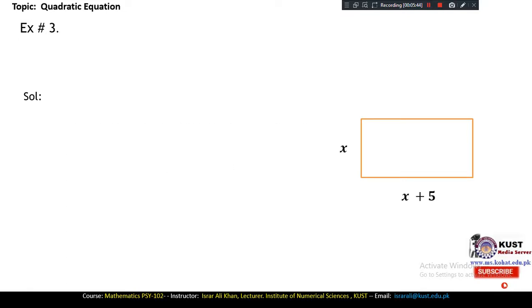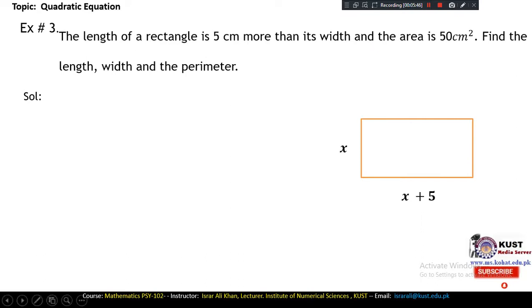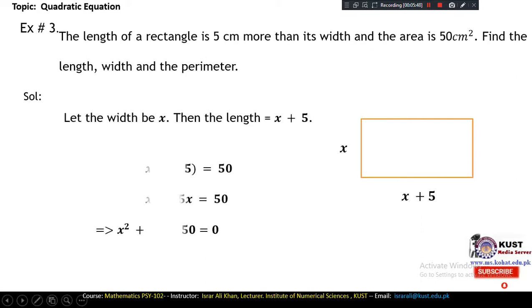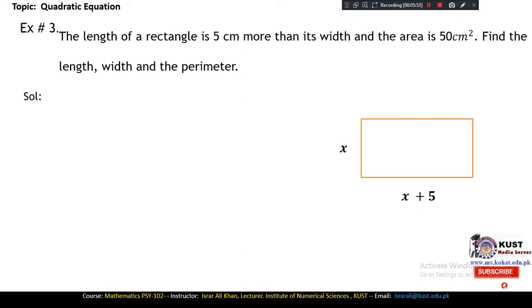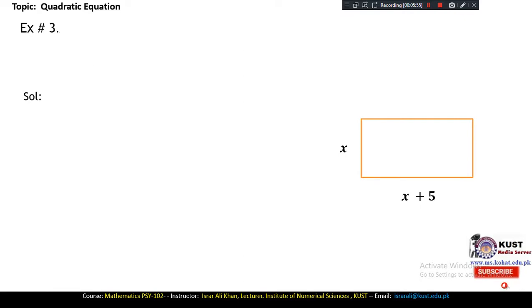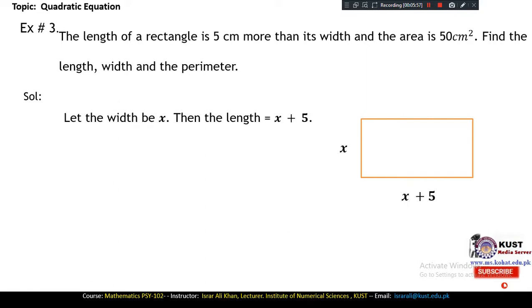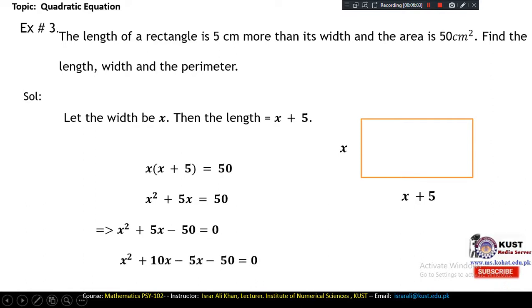Now here is the third example. We are discussing a word problem. The length of a rectangle is 5 cm more than its width, and the area is 50 cm square. Find the length, width, and the perimeter.